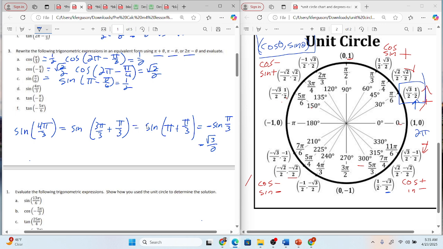Now I need to think of which one of these, because I know it might have seemed confusing, but first I had to get to what my value was. Now I look at these and say, which one of these gives me negative square root of 3 over 2?